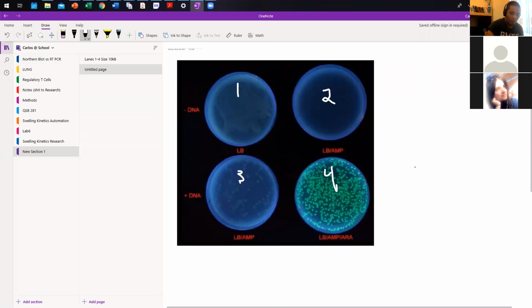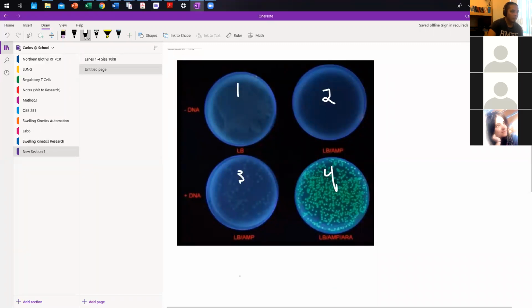So now, go ahead. Real quick, can you explain why plate 2 doesn't really have anything and then plate 3 does? So plate 2 doesn't have anything because it has no plasmid insertion. Right here, these two are negative, which means no plasmid insertion.